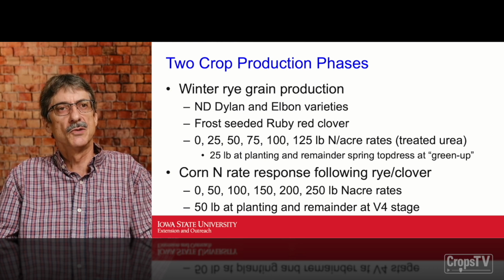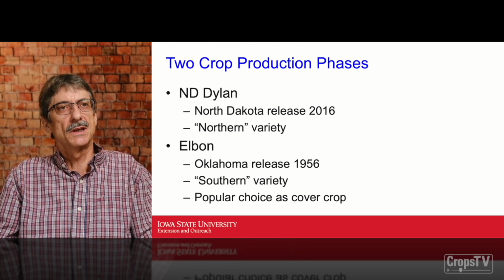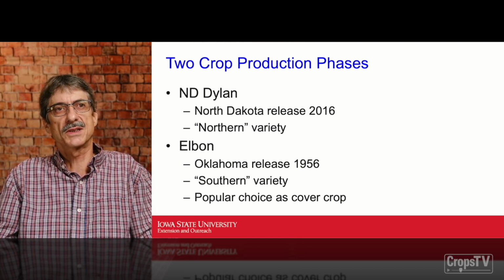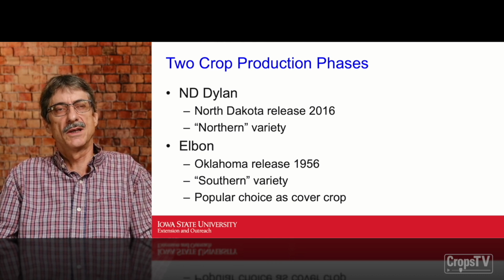We had 2 varieties that we used for the rye. ND Dillon is a release from North Dakota in 2016. We kind of called that our northern variety. As you can tell from the year, it's a fairly new variety that was released in the last few years. Elbin is an older variety released from Oklahoma in 1956, and we kind of called that our southern variety.